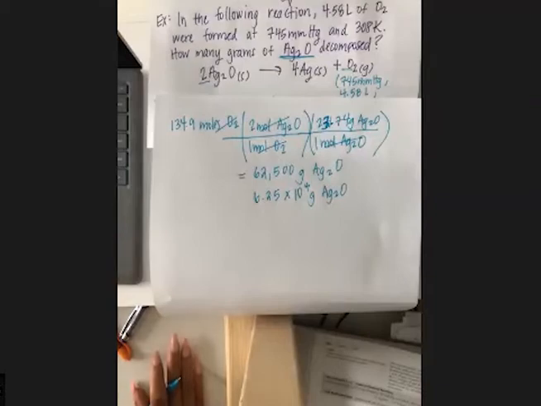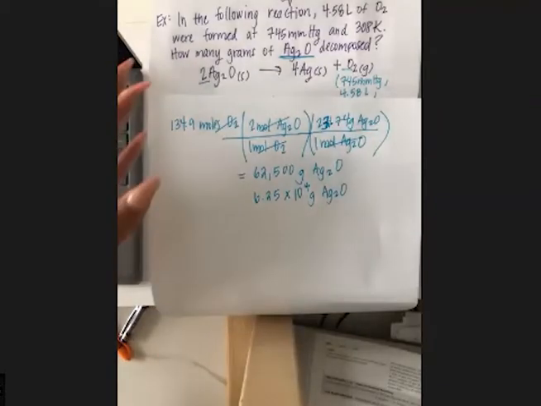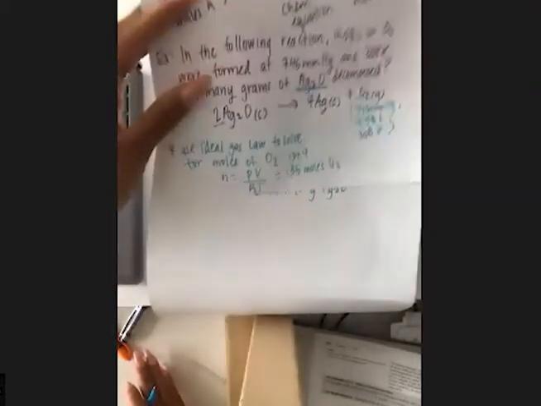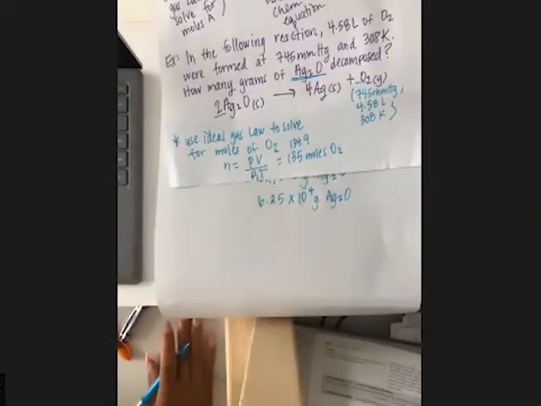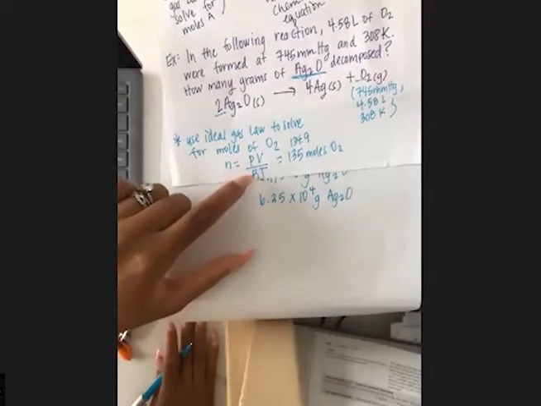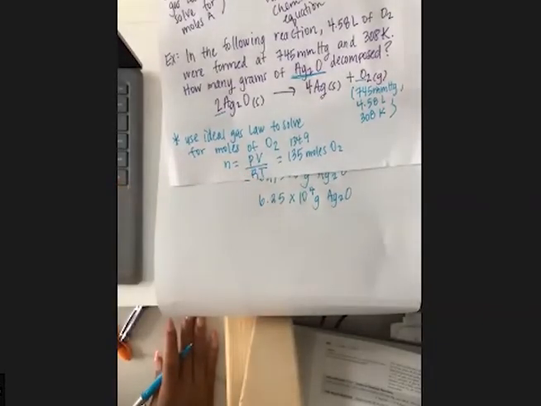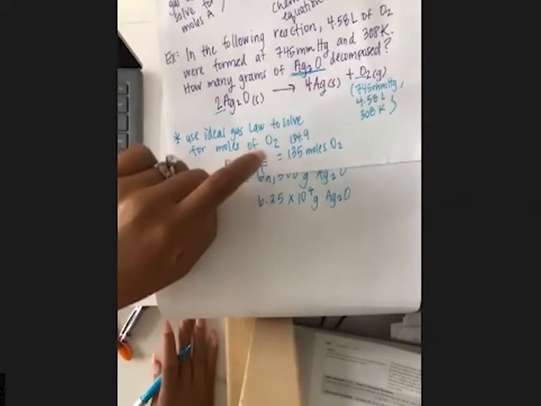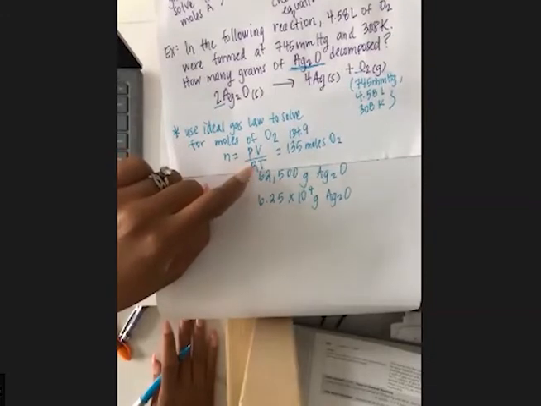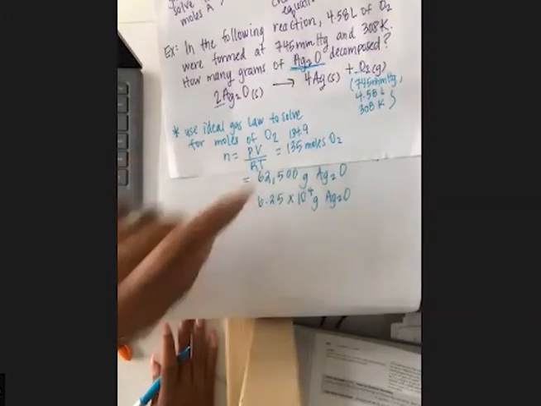I'm kind of confused as to how we got 134.9. You just do 745 and multiply 4.58 divided by 308. Yep, and don't forget about the R, which is 0.0821. So I literally just plugged it in here: P times V, and you just gotta remember that R is 0.0821 times 308.